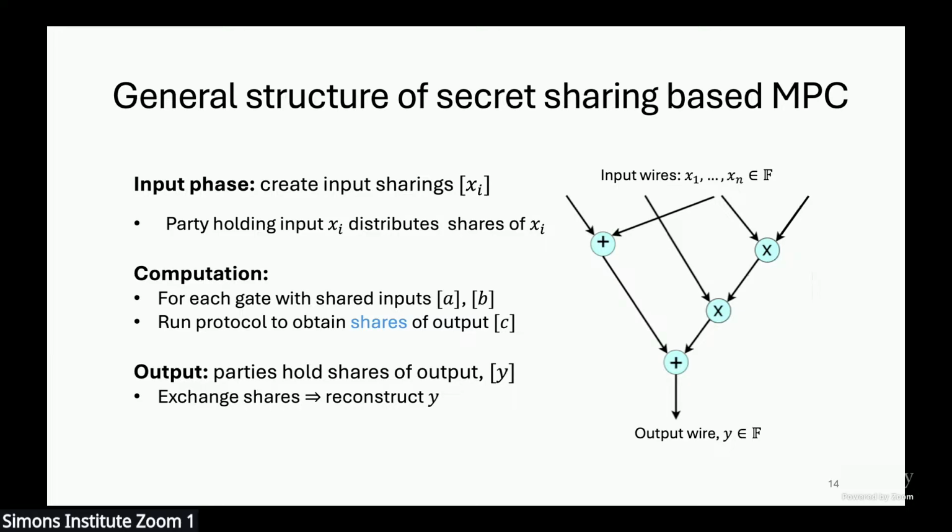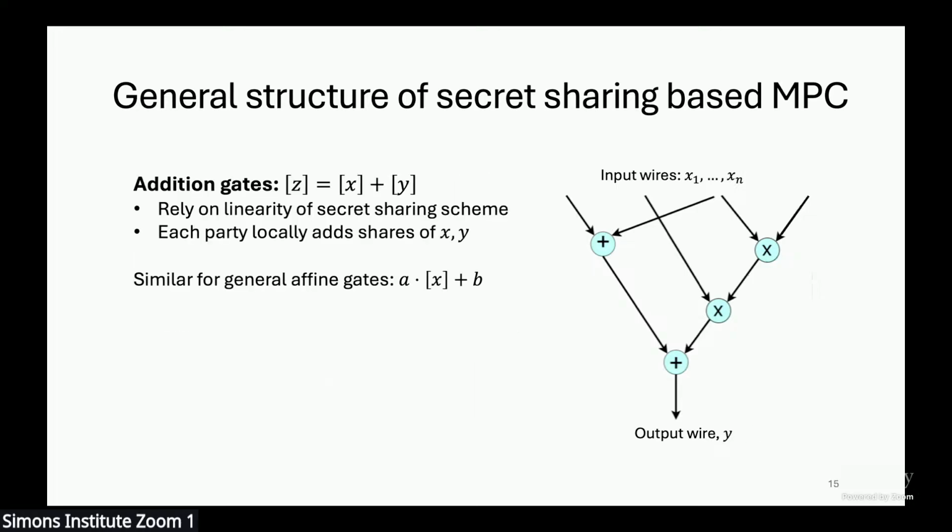So this is a common structure in probably the majority of MPC protocols you'll ever see, which is nice because there's not very many things you have to worry about when thinking about this. First one is, I guess when you look at the evaluation, we have different kinds of gates in the circuit, and most commonly, if we have addition and multiplication gates, then addition gates usually turn out to be free by relying on a linear property of the secret sharing scheme, so that if parties locally add shares of the inputs, then they get a share of the output.